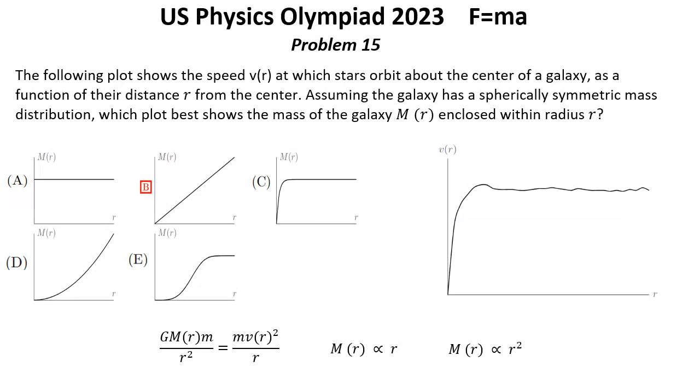However, at the level of resolution given in the figures, it is somewhat difficult to see that its curve indeed remains parabolic at large r, rather than approaching a linear dependency. Furthermore, it is below linear at small r, which is consistent with the small r behavior for v. Thus, we also accept D as correct. So B and D are correct answers, and that was a solution for problem number 15.